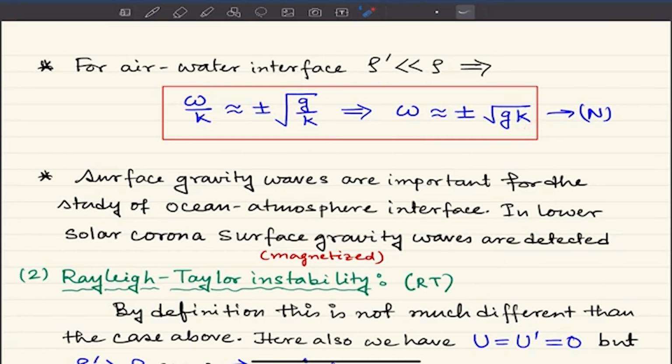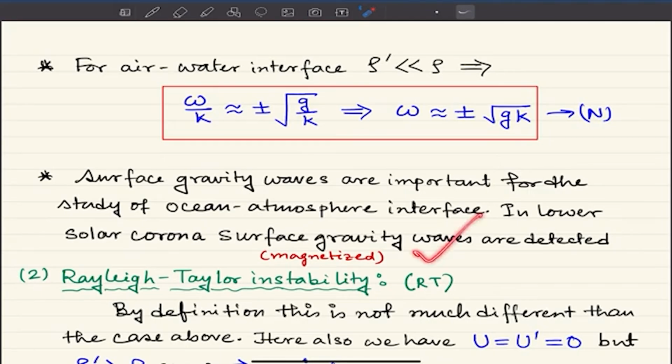Now surface gravity waves are mainly important for the study of the ocean-atmosphere interface. That's in oceanography. For the astrophysical framework, we can also have interesting things with the surface gravity wave, because in the lower solar corona, it is observed that surface gravity waves are there, and then we cannot model the whole thing using neutral fluids.